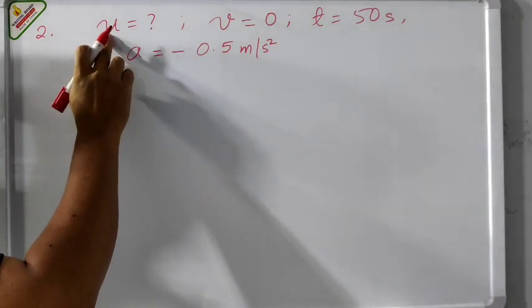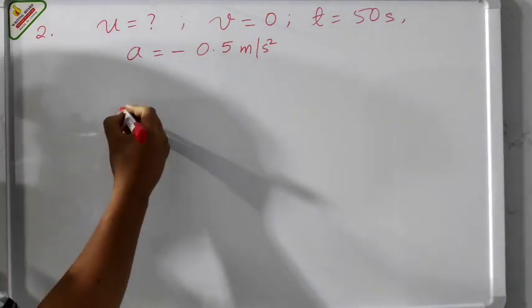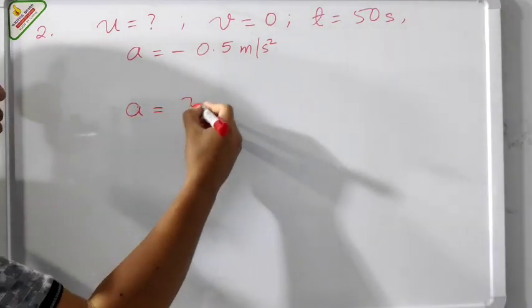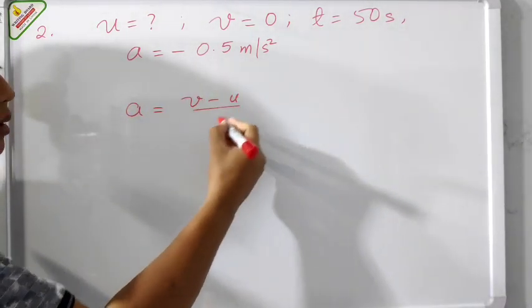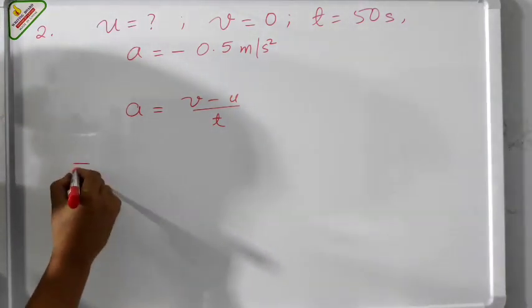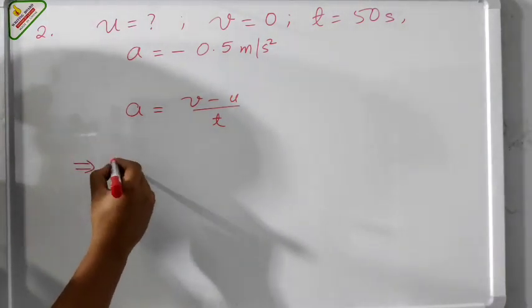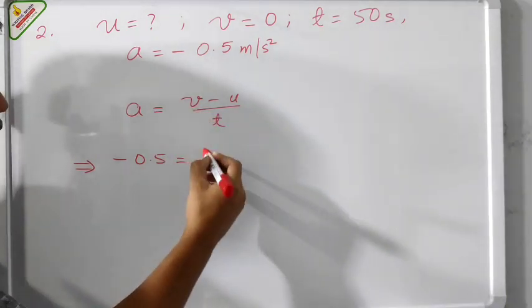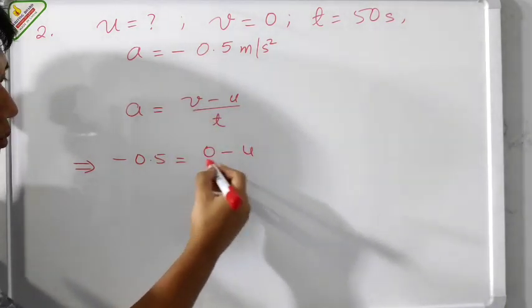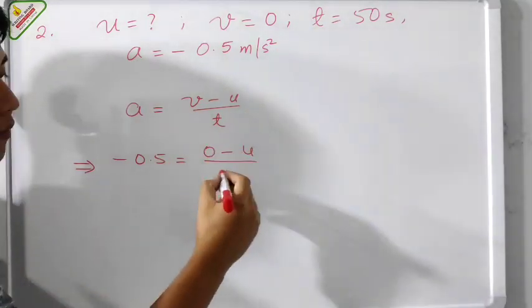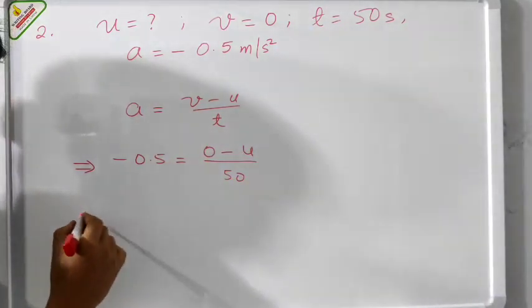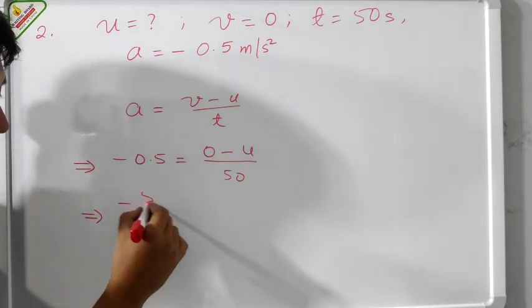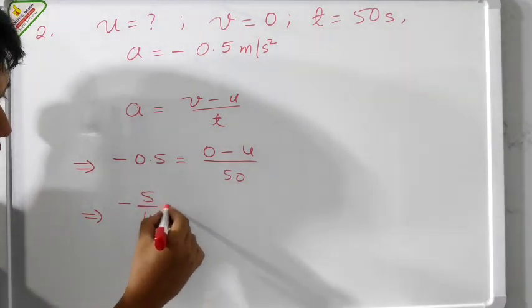Here we are going to find u. The formula is a equals v minus u by t. Let us put all the values. a is minus 0.5, v is 0, u is u, t is 50 seconds. Minus 0.5 is minus 5 by 10.